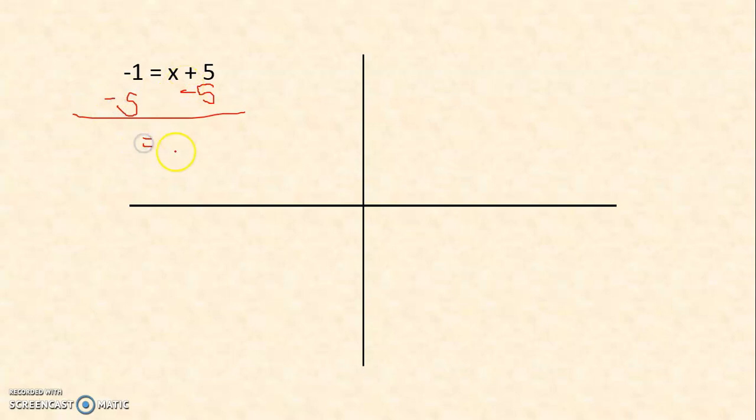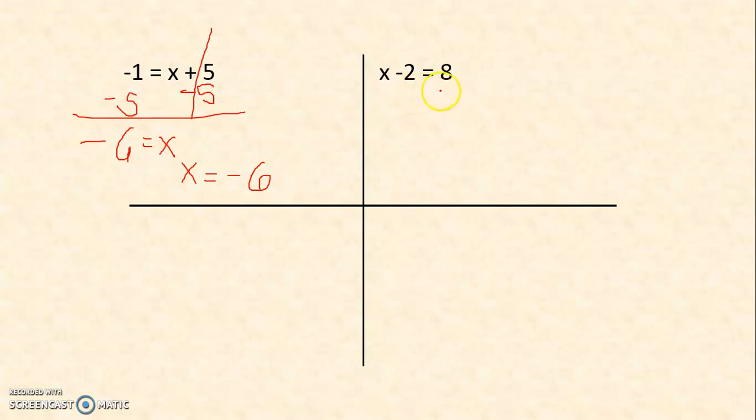So you now have x, positive 5 plus negative 5, that will now be 0, is equal to negative 1 plus negative 5, that is negative 6. So negative 6 is equal to x, or you can rewrite it as x equals negative 6. They're just the same. Negative 6 equals x is just the same as x equals negative 6. That is the symmetric property.